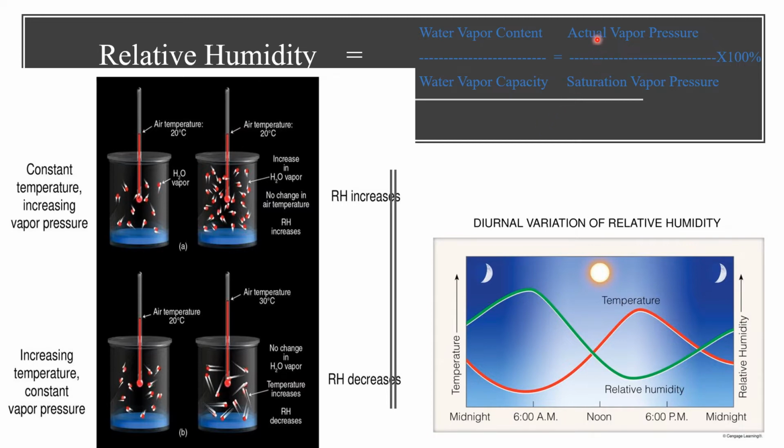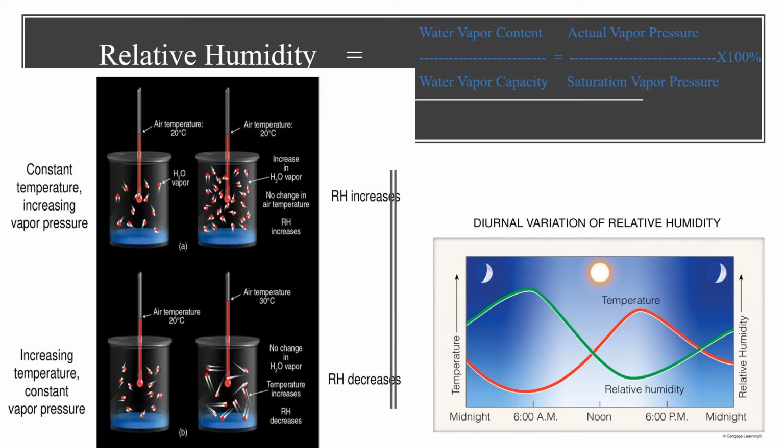So, if we would like to state the equation another way, relative humidity is equal to actual vapor pressure divided by saturation vapor pressure, and we know that the relative humidity is always a ratio. Then we multiply that by 100 and add a percent sign. Percent always means per 100.